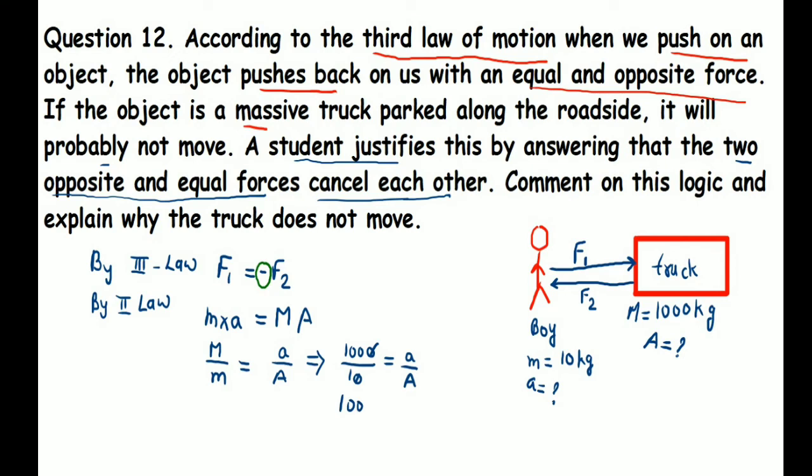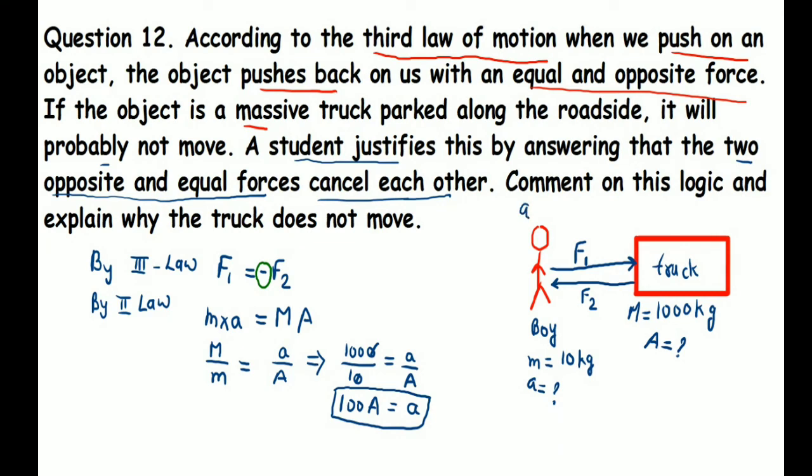Now what is over there? 100 is equal to small a by capital A, or we can write small a is equal to 100 times A. Now how do you read this statement, student? Over here it is showing the acceleration small a, which is the acceleration of the boy.